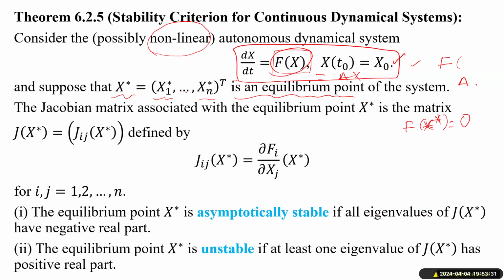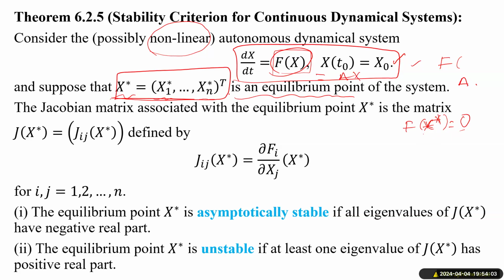For the previous linear autonomous system, there is a guarantee of the zero equilibrium point, but here it may or may not exist. So whatever it may be, when we substitute x star and equate to 0, whatever the values of your x1 star, x2 star are, that is your equilibrium point.